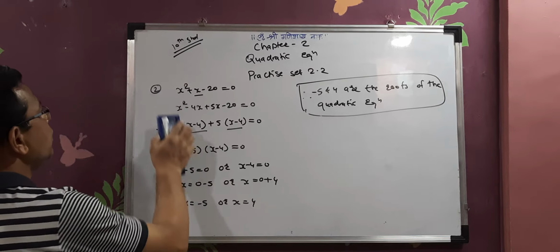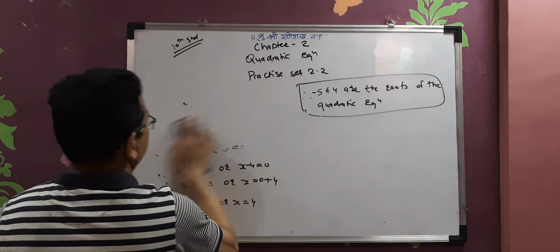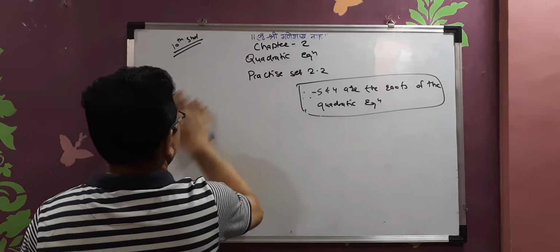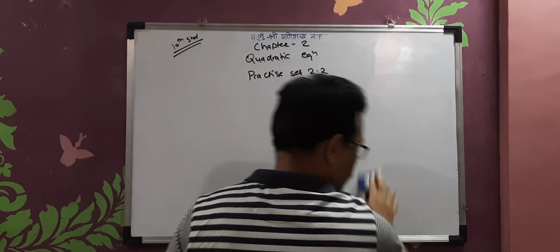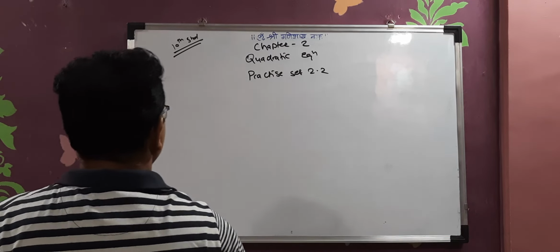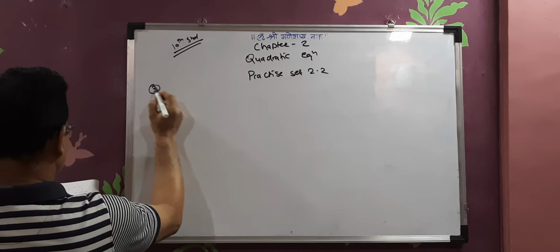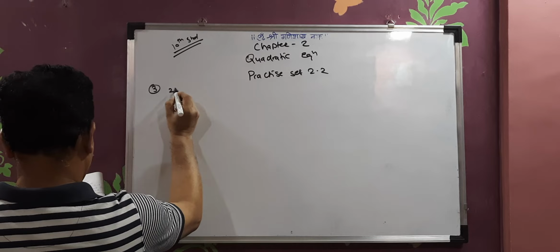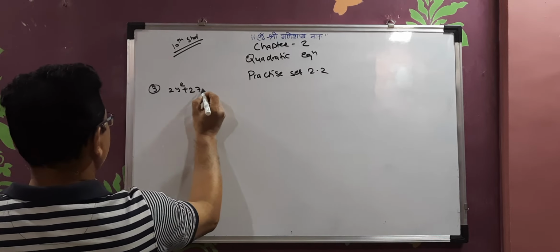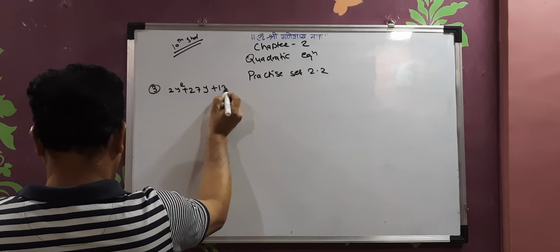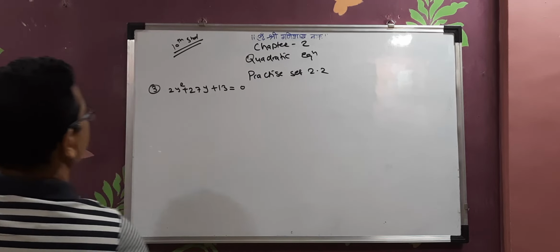Now we will go for the third problem. The third problem is 2y square plus 27y plus 13 is equal to 0.